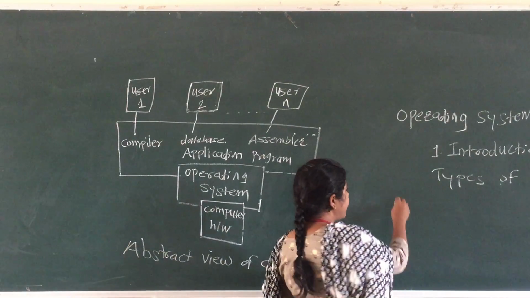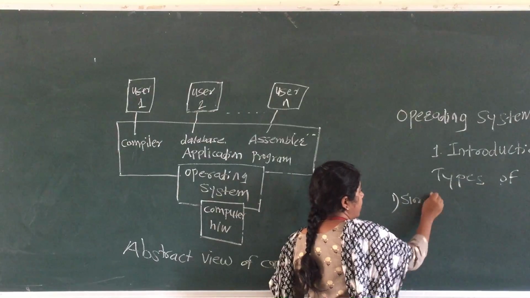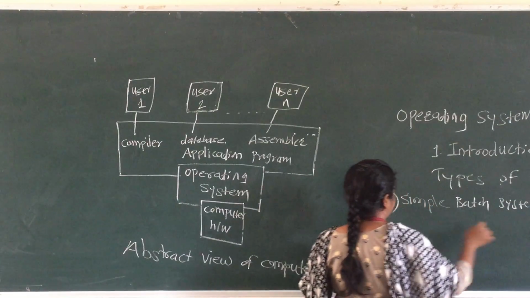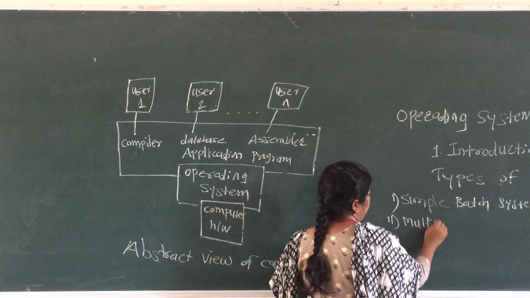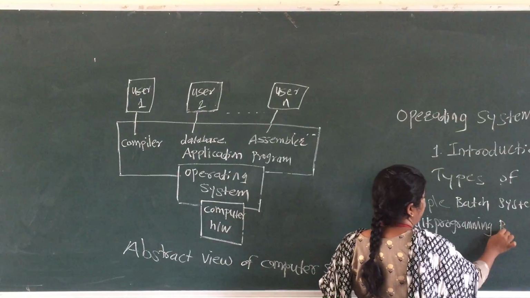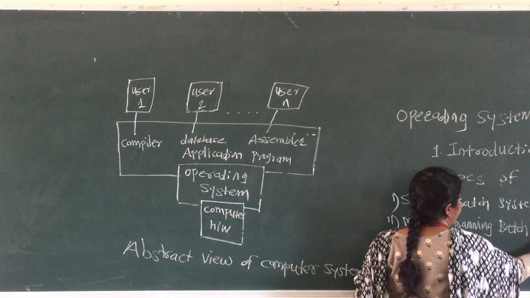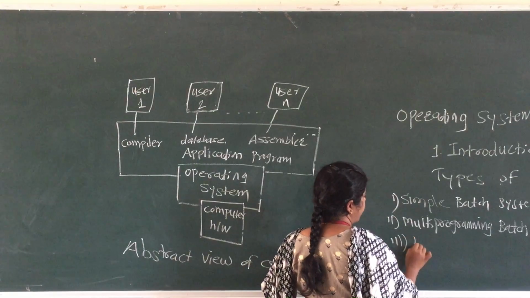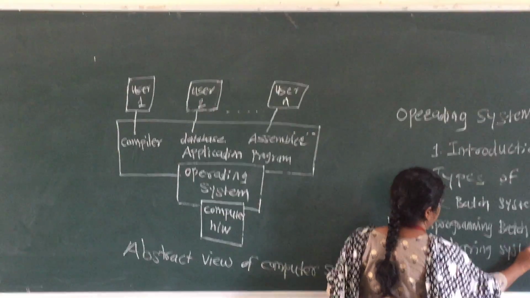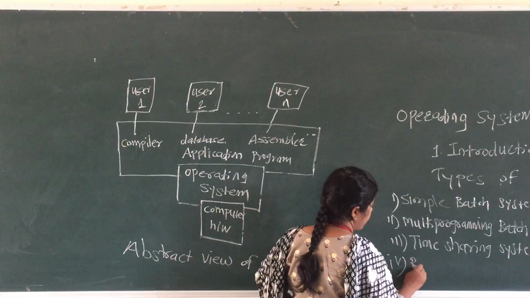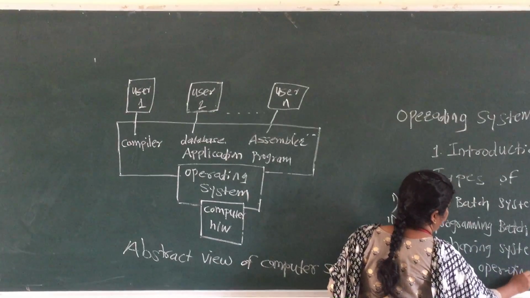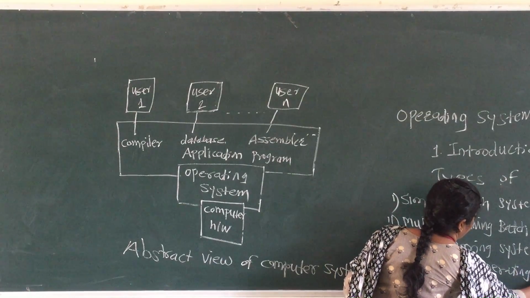Different types of operating systems. First is the simple batch system, second is the multi-programming batch system, third is the time sharing system, and fourth is the real time operating system.